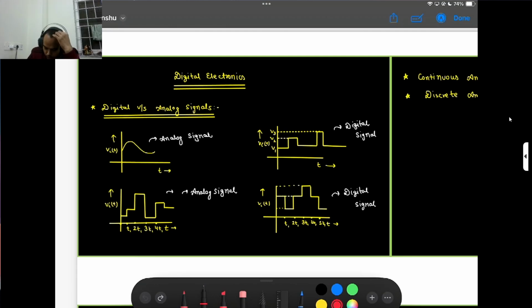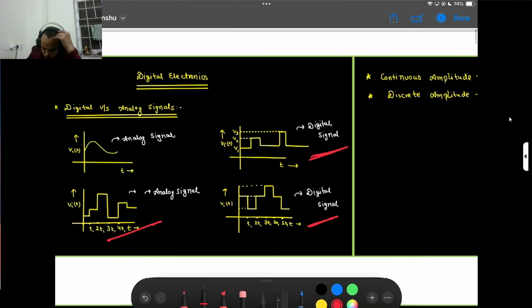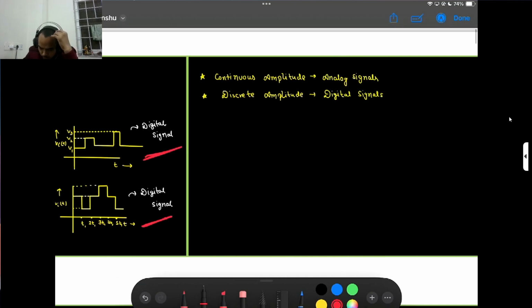Here is some analog signal. This is also an analog signal, and this is a digital signal. Continuous amplitude is an analog signal, and discrete amplitude is a digital signal.